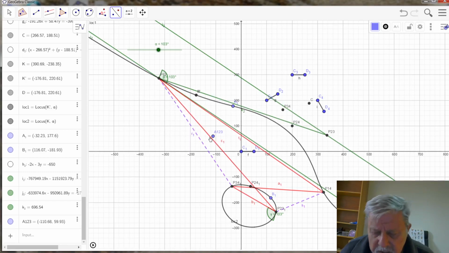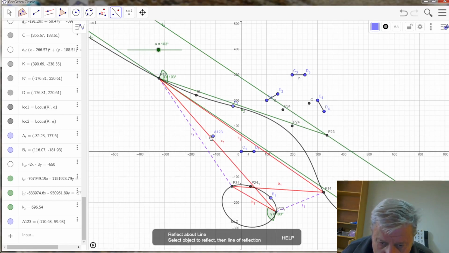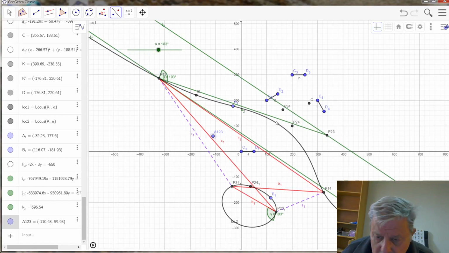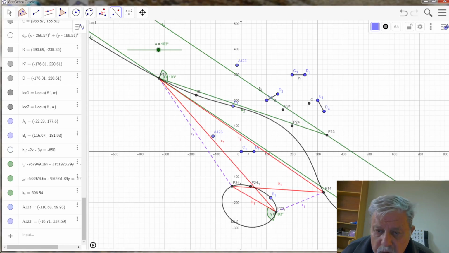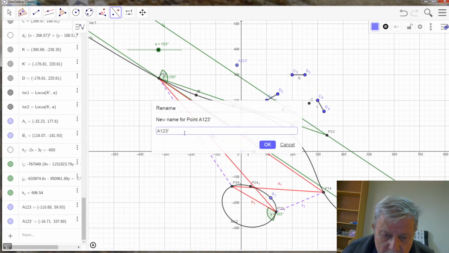Now if I take the image of A123 with respect to side 2, this is 1, 2, 2, 3, side 2. This is A2.